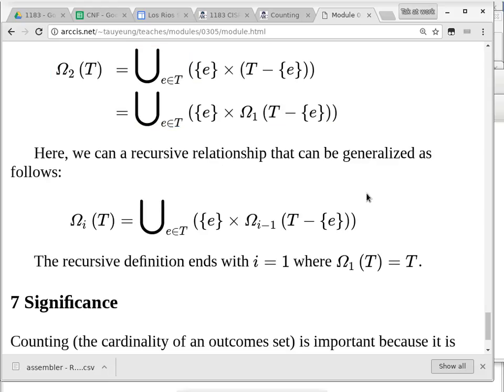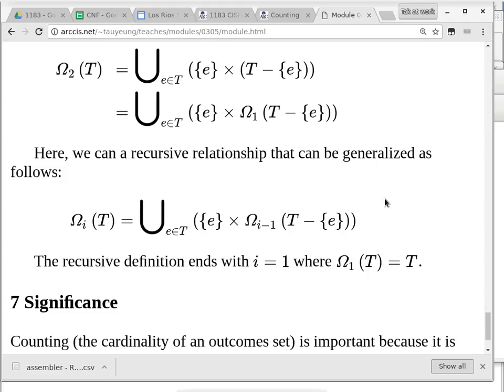All right. So in the notes, I'm just making one gigantic step here and saying, if you consider the outcome that has I trials, and you start with T as the possible outcome of the first trial, then it becomes a union, we saw that earlier.